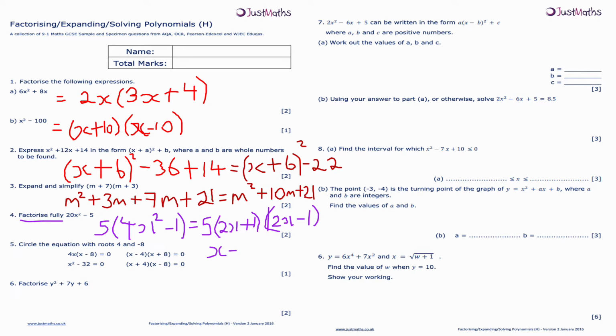Or the other way I can do it is say, okay, if x equals 4 is a root and x equals minus 8 is another root, if I rearrange it, subtracting 4 on both sides for the first equation, I'm going to have x minus 4 is equal to 0. And if I add 8 to both sides of the other equation, I'm going to get x plus 8 is equal to 0.